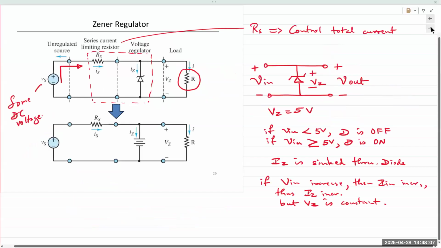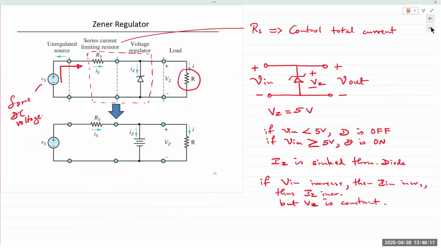And that is what allows us to use the Zener diode as a voltage regulator. Regulation in this particular circuit simply means the input voltage can change, but the output voltage remains constant. So unregulated means V in could be changing, and regulated means it's constant.